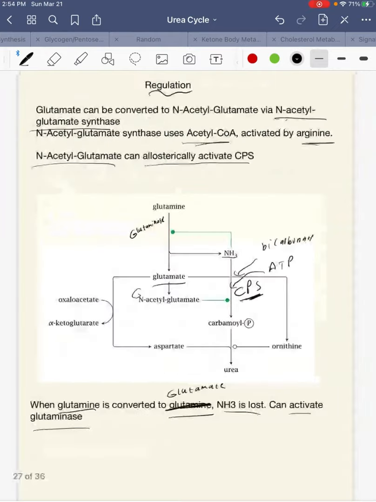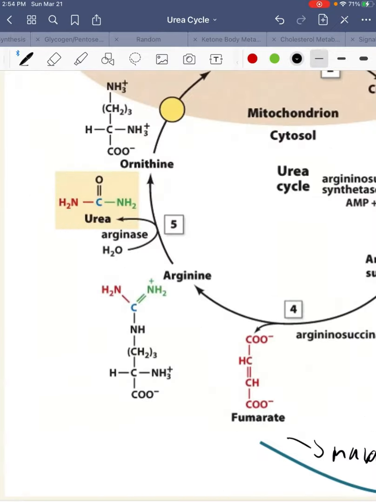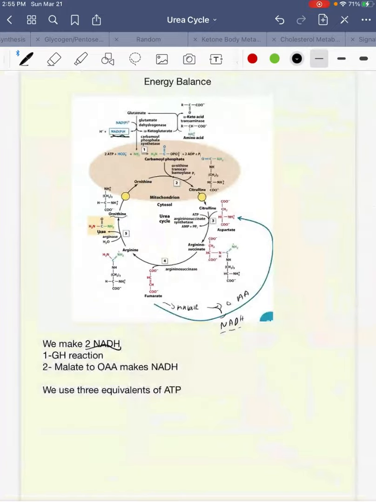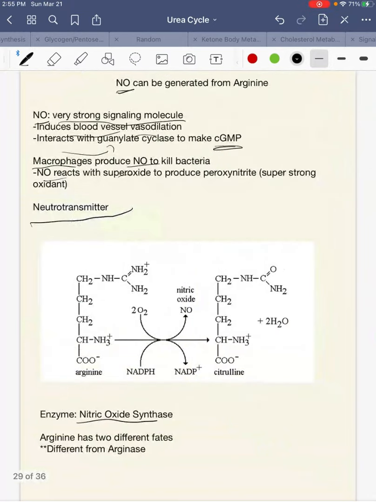So if we go back, remember we said arginine can go through arginase, converted to ornithine and urea. So this same arginine can be converted into nitric oxide. So arginine has different fates: it can be converted into nitric oxide using nitric oxide synthase, and then it can be converted to urea using arginase.